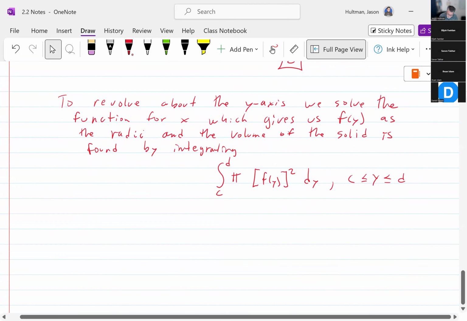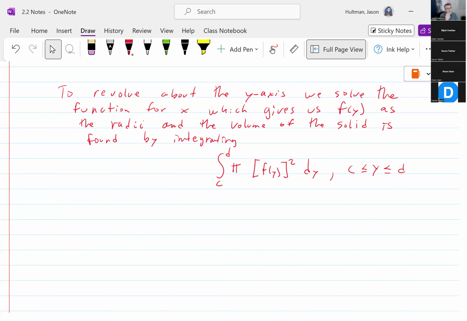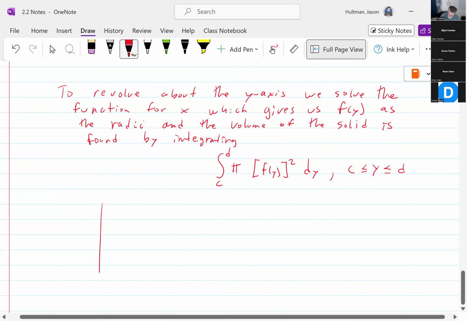Okay, so let's try the same function, but let's now rotate it with respect to the y-axis. So what would that look like? If I take the same function, my y equals square root of x function.